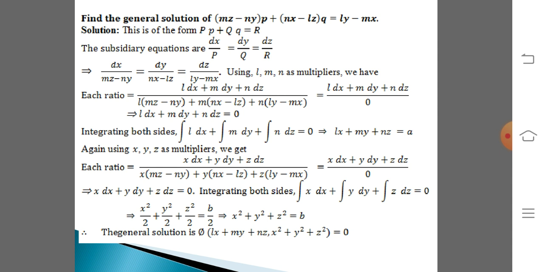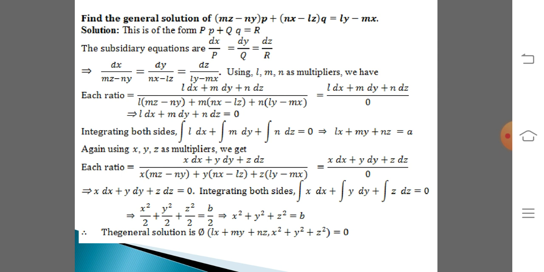On simplification, we have (l dx + m dy + n dz)/0. That is, the denominator is becoming 0. This implies that the numerator l dx + m dy + n dz = 0.